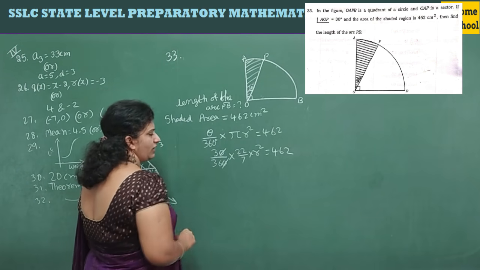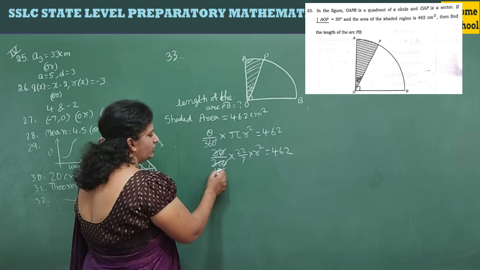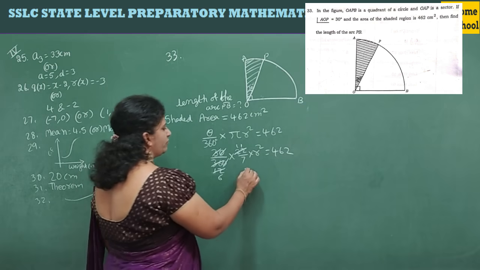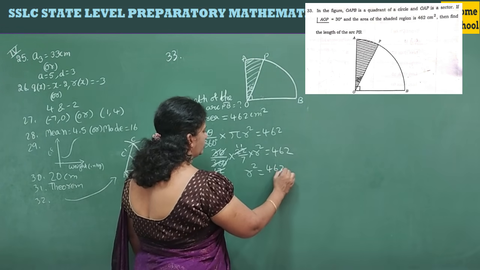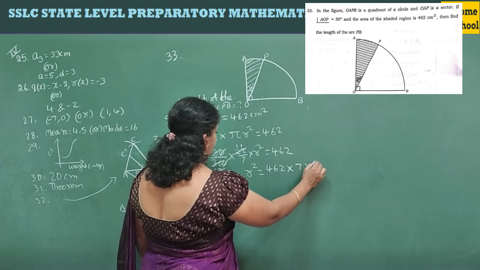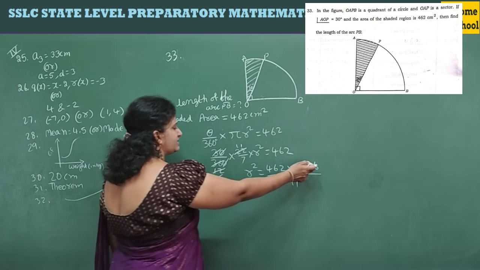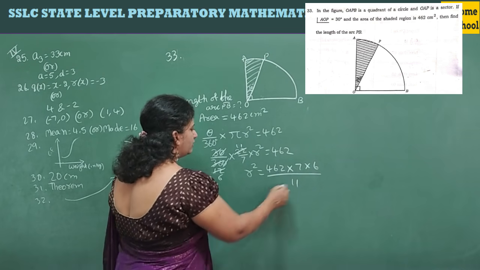Now 0 cancels, 3 12s, and here 2 6 12, 2 11s. So finally transpose to the other side: 462 into 7 into 6 by 11. This 6 into 7 as it is I have written, and this 11 came to the denominator on the other side.